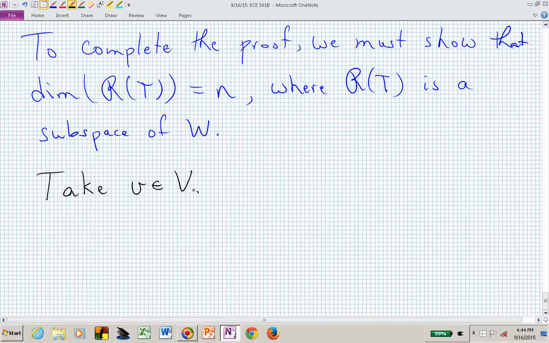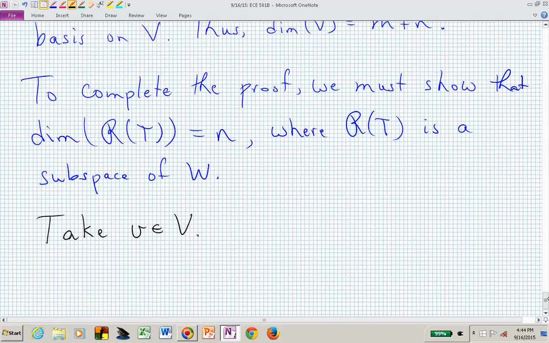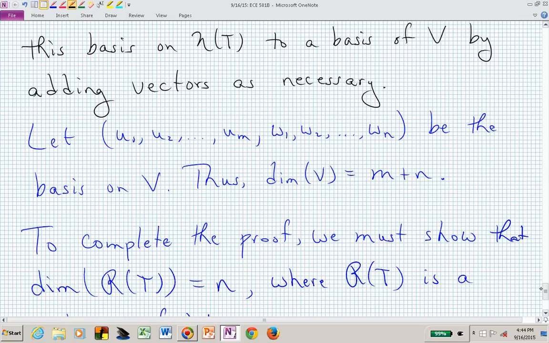Let's just pick an arbitrary vector in the domain. Let's just pull out a v. If that's the case, how can we rewrite that little v? That was kind of a vague question. But we can expand any vector v in the domain as a linear combination of our basis vectors. Everybody okay with that?